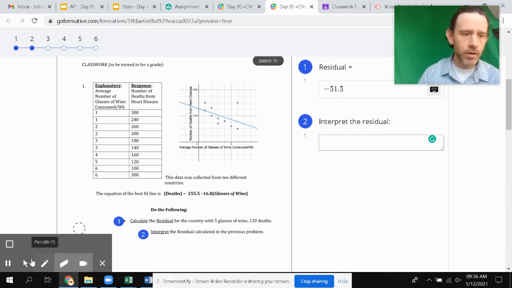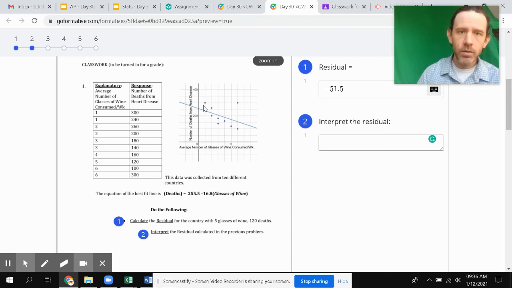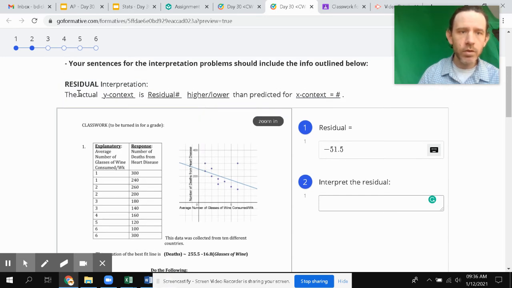Okay, and then let's figure out how we are going to write about this number, negative 51.5. We go up here and we see that the interpretation of a residual talks about the actual y value, or the actual y, being a number that's either higher or lower than the predicted for the point that we were given.